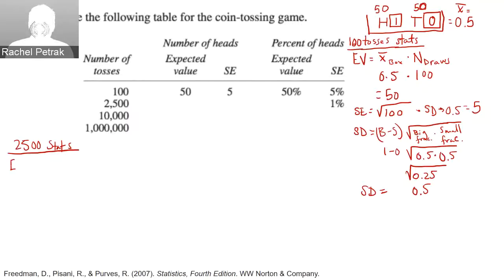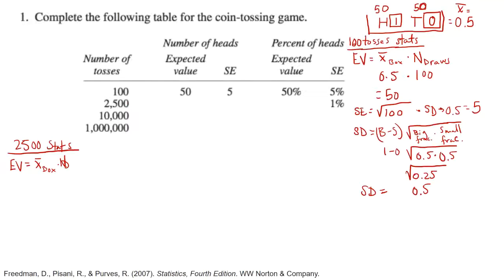In this case, our expected value is always equal to the mean of the box times the number of draws.